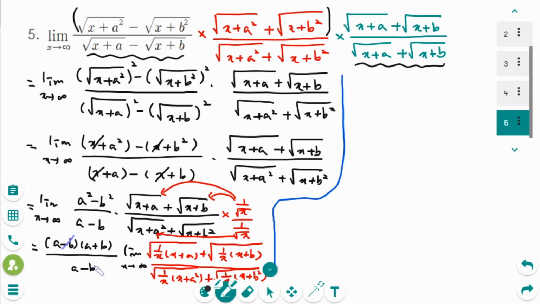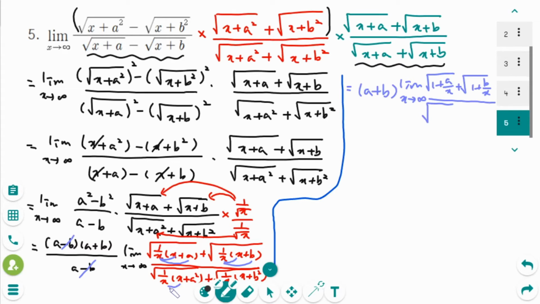So it's cancelled. So this one is a plus b, limit x approaches infinity. So the first one, square root of 1 plus a over x plus square root of 1 plus b over x over the denominator part.